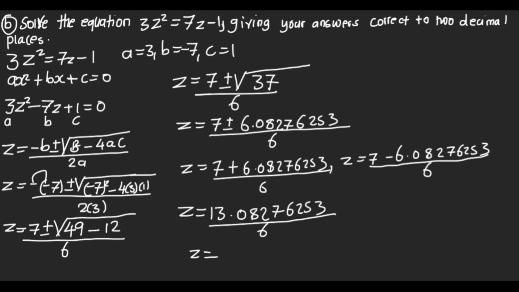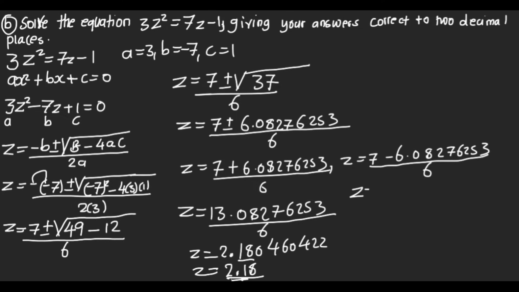So if we divide by 6, I'm getting 2.180460422. Now the final answer, we are told to give our answer correct to 2 decimal places. So for these 2 decimal places, we have 1 up to 8, so it is 2.18. So this is same as the 3 significant figures.